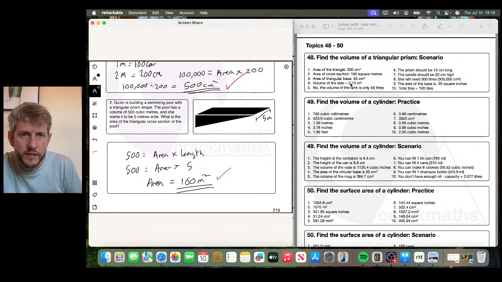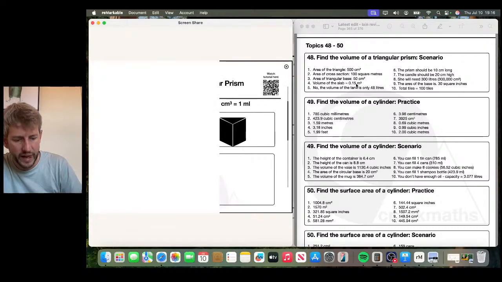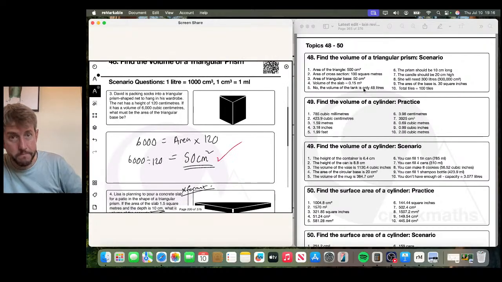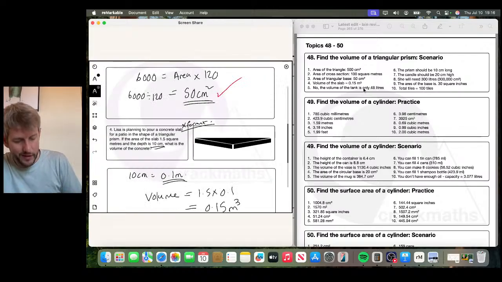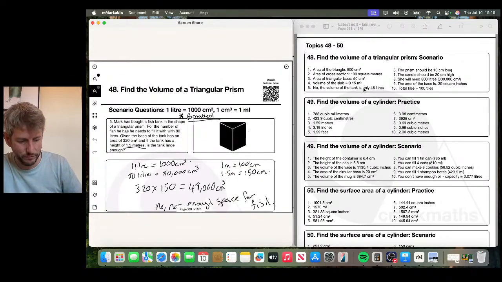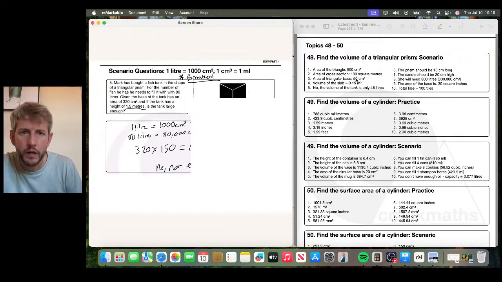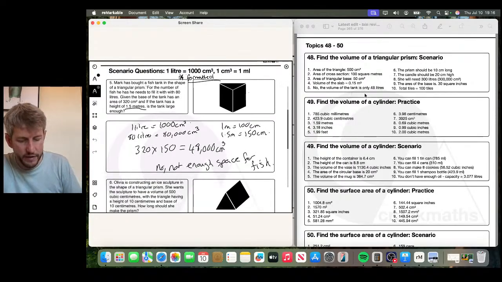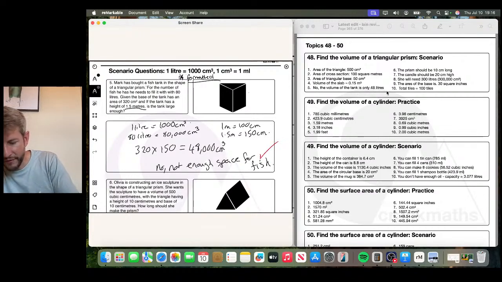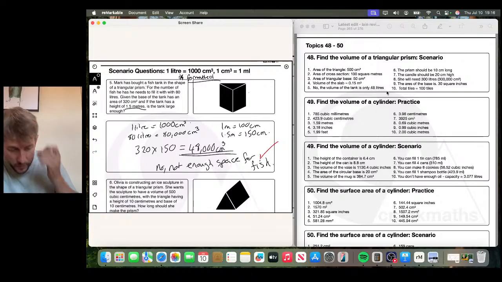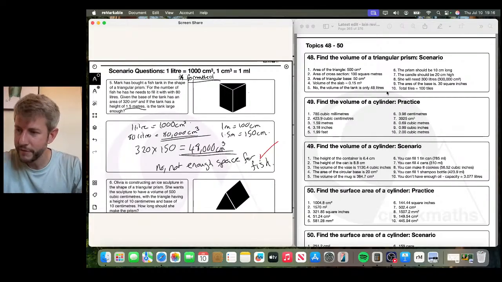Yep, square meters, yep, that's fine. 50 centimeters squared, yep. 0.15 meters, perfect. Oh. And then, no, the volume of the tank is only 48 litres. Yep, excellent. So we got that information there. We put this down, but because we'd done this conversion, that's fine. So this was just another way of writing the same thing.